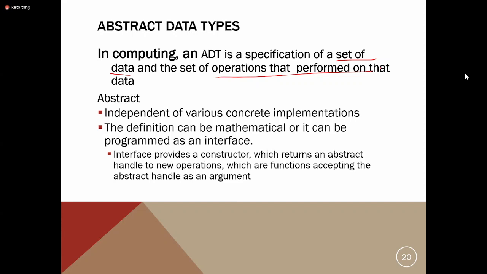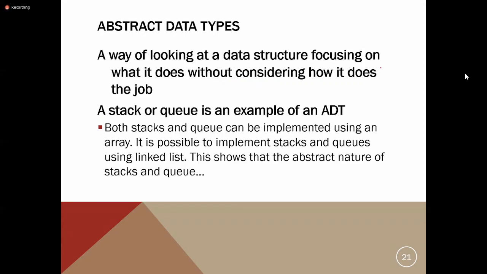Or else we can actually implement what should be there inside the function. It is a way of looking at a data structure focusing on what it does without considering how it does the job. Abstract, that's why we call it abstract. We don't care what happens inside. How it does the job is not important, but we need to do this job on this data structure.